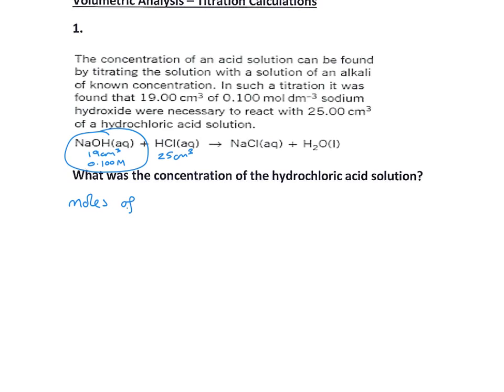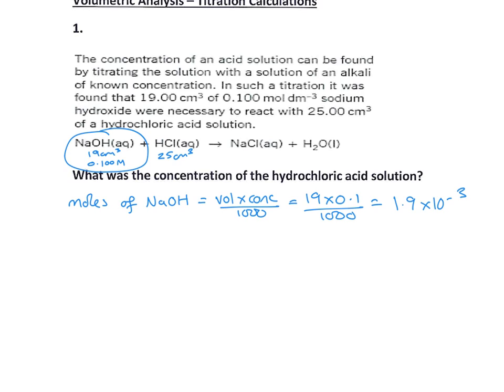And we can work out the moles of sodium hydroxide. Always make sure that when you do these calculations it is clear what you're working out each time. So we can do volume times concentration divided by 1000. So 19 times 0.1 divided by 1000 is equal to 1.9 times 10 to the minus 3.